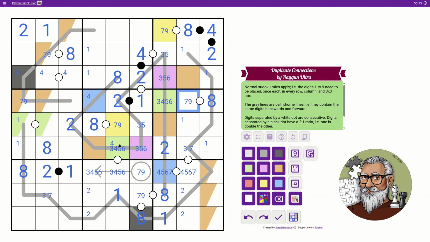Oh, blue isn't 7 or 9 either. I'm completely out of it. Blue isn't 7. That helps. Now we know that this is 7, 9. Right. 7, 9. And these are 1, 3, 5, 6, right?